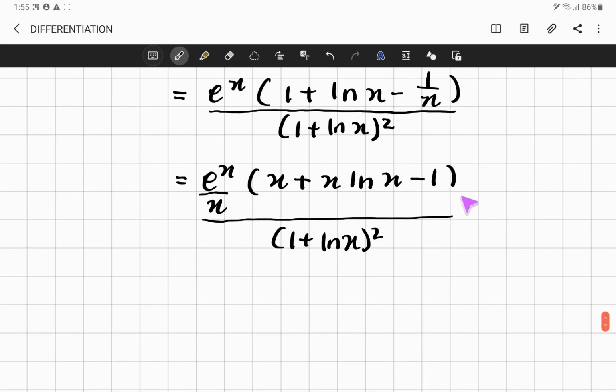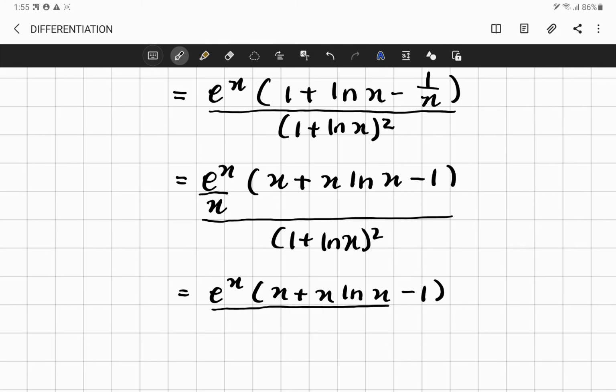Since it is a double fraction, we may write this as e to the power x, x plus x ln x minus 1, divided by x times 1 plus ln x squared.